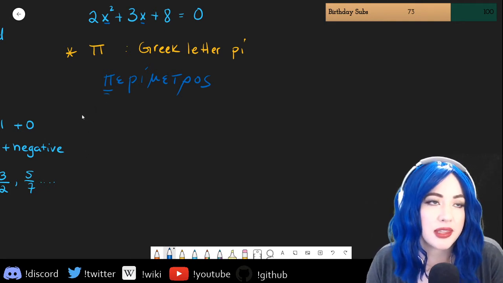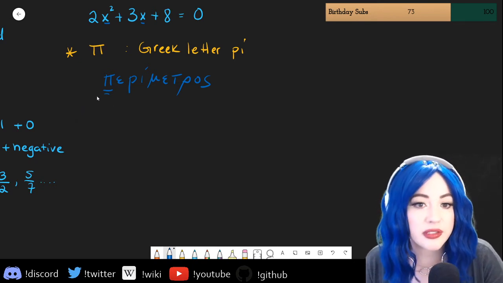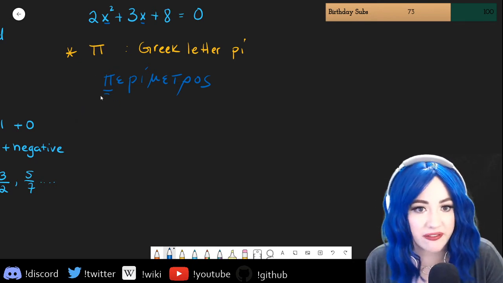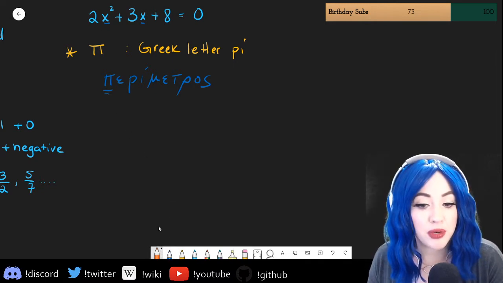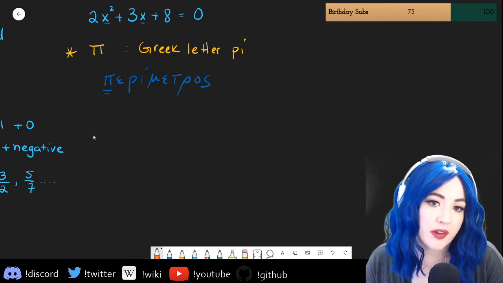And because the perimeter of a circle, what we call a circumference, is where our understanding of pi came from, the shorthand in math for this number comes from the word for perimeter.